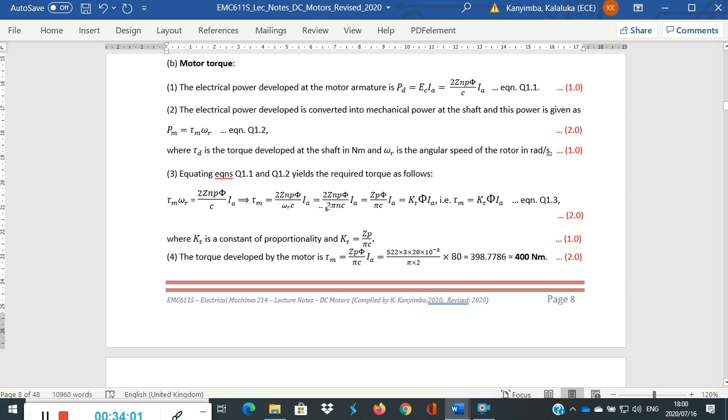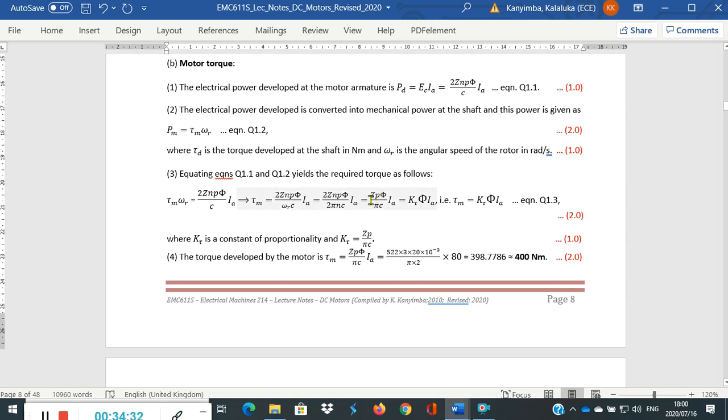Now, in this equation, most of the quantities are constants. So let's combine all the constants into a proportionality constant. So 2 and 2 cancel out, then we have ZP phi divided by pi times C. We have changed omega R into 2 pi N. Maybe we could have said NR.